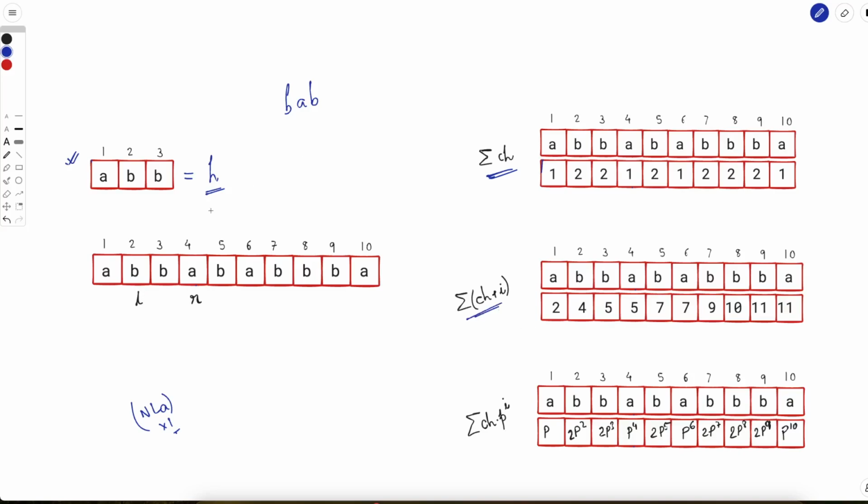You can simply try out with the exact same examples and you will see it is still colliding. And the reason for collision could be, you did take care of the indexes, right? But because this is a sum, and these indexes and characters are kind of closely placed. So there is a character A, there is an index 1, so A plus 1 will be 2, right?